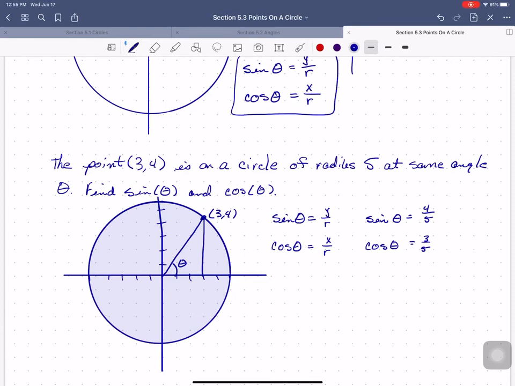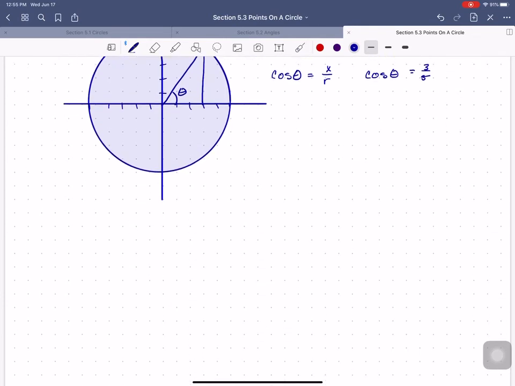And what this means is that we can find the coordinates of any point on a circle.